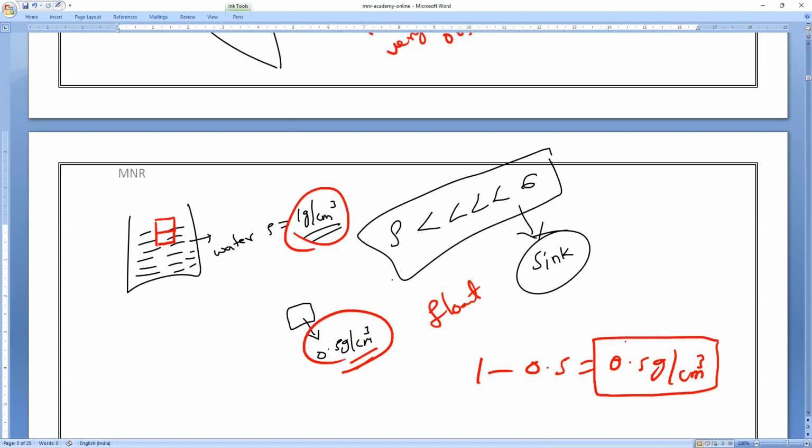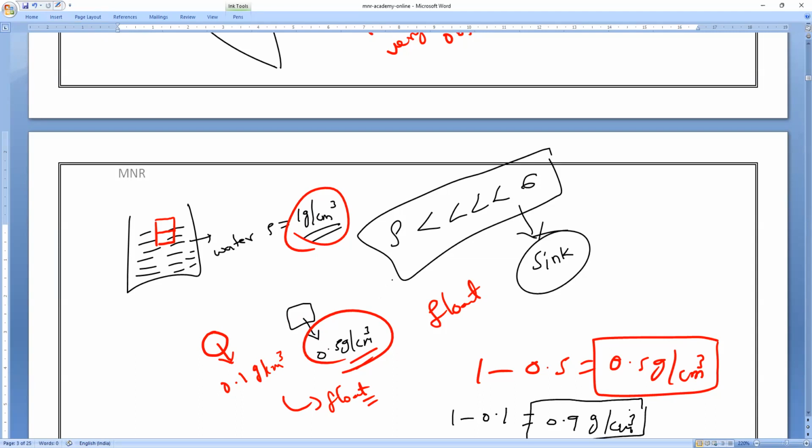Now, another person came and gave another type of material whose density is just 0.1 gram per cubic centimeter. Now also it will float, but how much? The difference is 1 minus 0.1, which equals 0.9 gram per cubic centimeter.